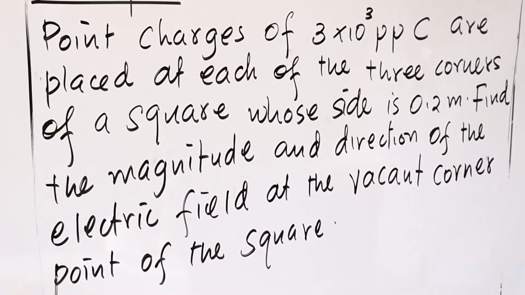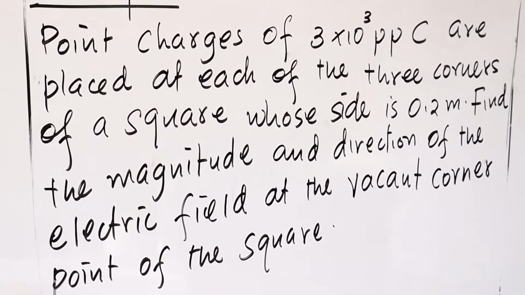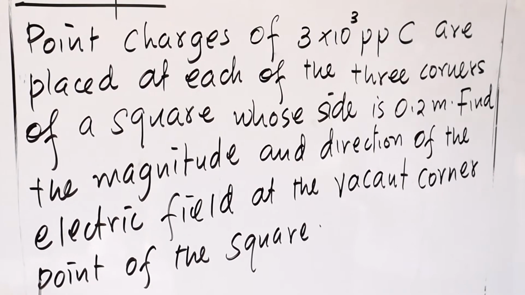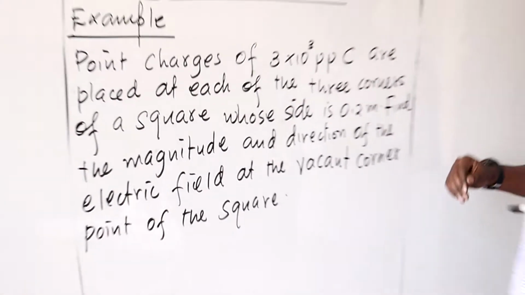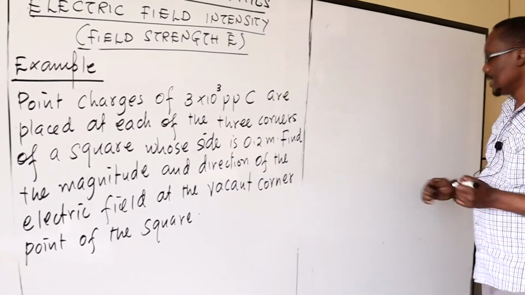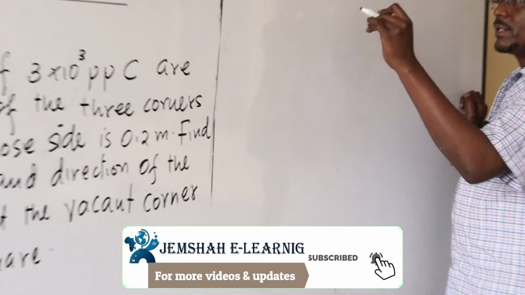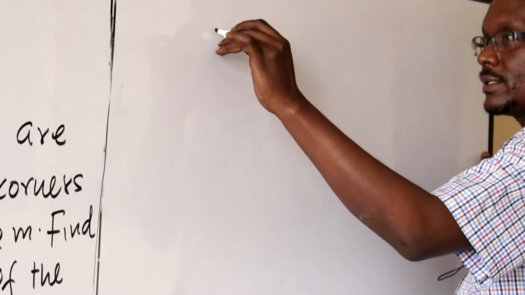Then you are told to find the magnitude and direction of the electric field strength at the vacant corner point of the square. So it's good that we have a drawing of this question actually to represent all the charges, and see how the electric field strength are acting upon it.